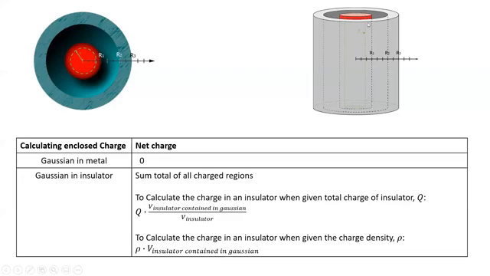Same idea over here for the cylinder. Let's say this inner cylinder here is an insulator. I would take the density times the volume of the cylinder, which would be pi r squared, times the length. And that r again would be for the Gaussian.